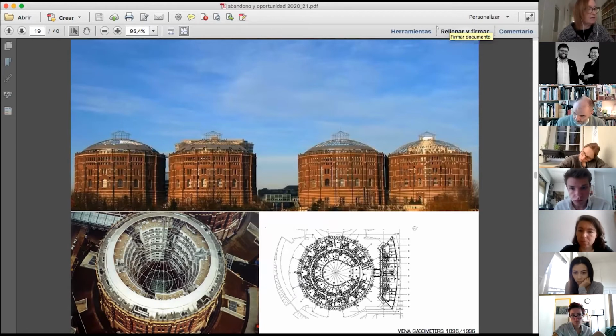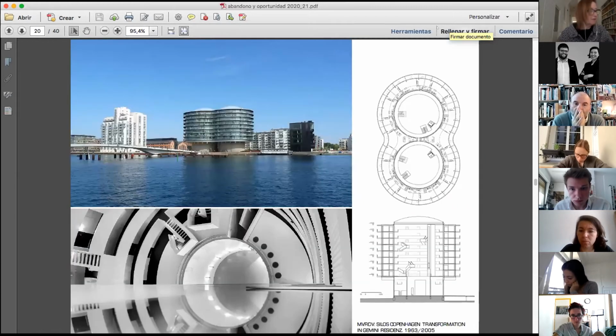The thick cylindrical brick walls become the exterior facade of some houses that lean on them and radially grow inwards. Or in an opposite way, the cylindrical reinforced concrete structure of some old silos in Copenhagen operate as central nucleus to support some lightweight cantilevered structures that build the rooms of a nursing home.